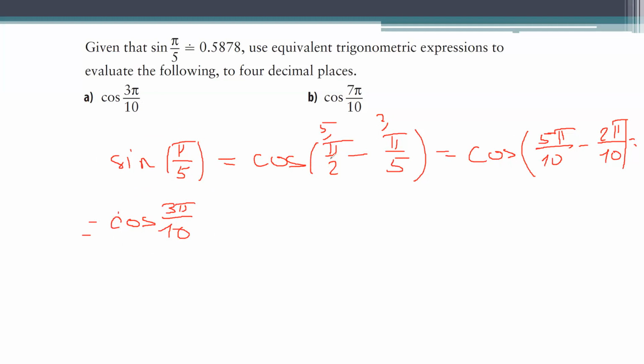You see? So I just used the formula where sine x equals cosine of pi over 2 minus x, as we found out from the right angle triangle, remember?